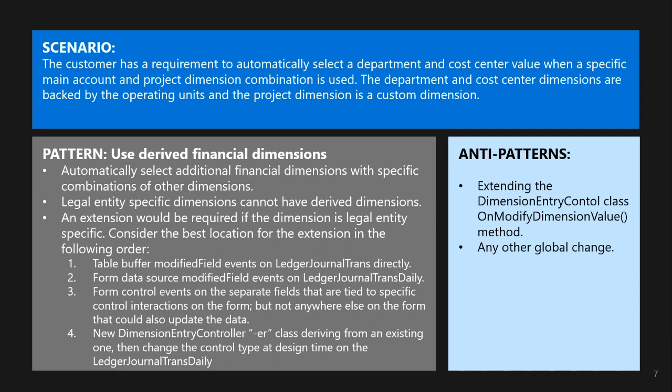And the anti-pattern here is to change the dimension entry control, which would be on all forms, because it's a global sort of change, and it will probably have unintended consequences where you won't want that behavior all the time, and then you might try to do something funny to get it to quote unquote work only in the scenarios you want.